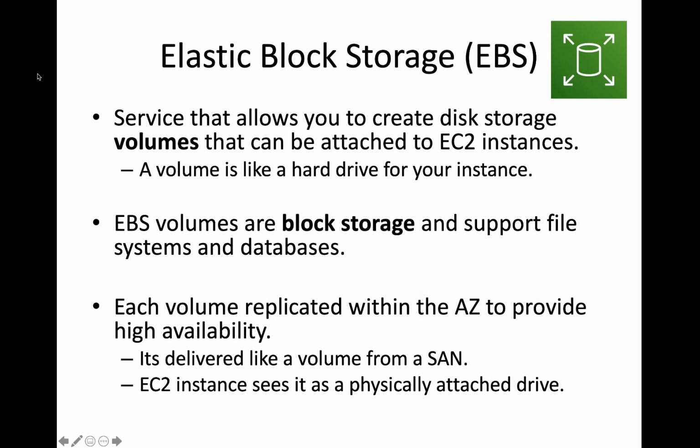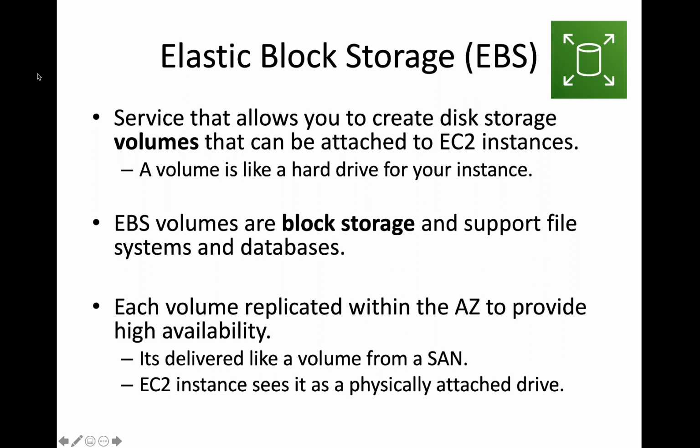When we create an EC2 instance, it uses EBS, and it creates a storage volume within EBS. The data in that storage volume is actually replicated within the single availability zone, and that provides us with greater availability. And it makes it much less likely that we would lose access to that storage volume.